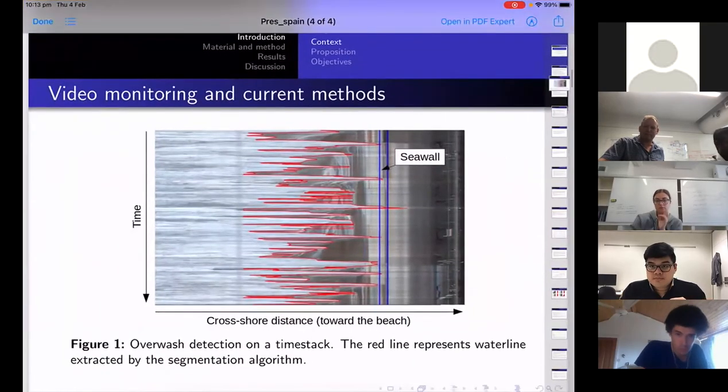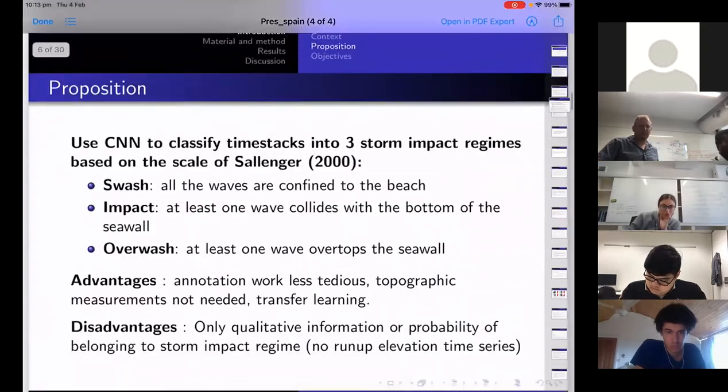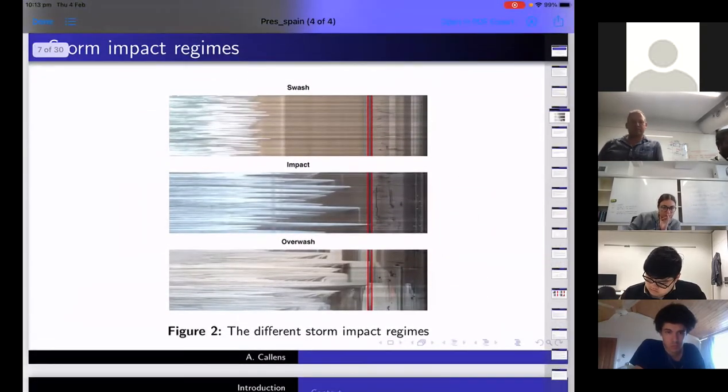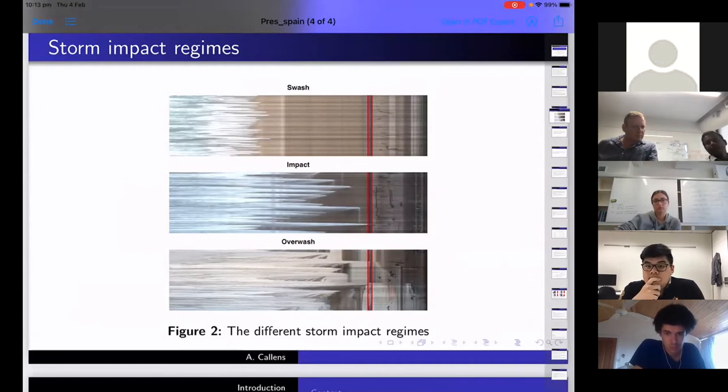Yeah, okay. So the main point here is that we use a CNN, and we have three storm impact regimes: swash, impact, and overwash. Swash is, as you see, the red vertical line, which is the boundary. After that there is some habitation. Swash means the waves don't reach the wall.